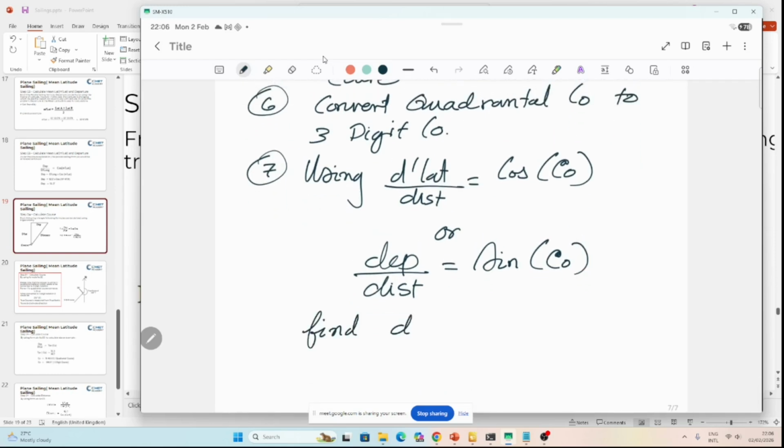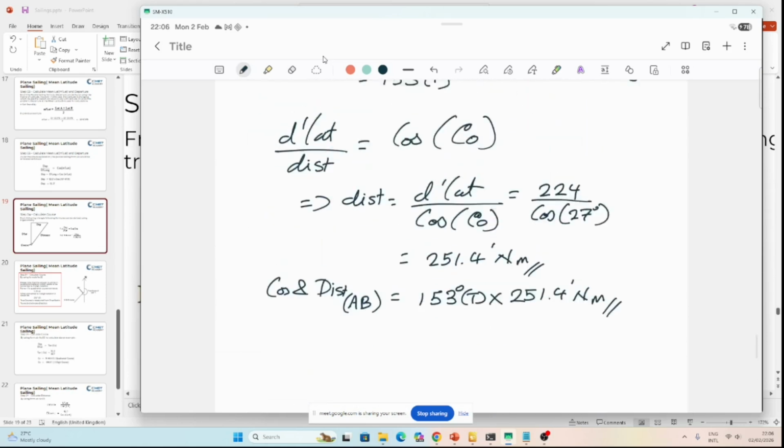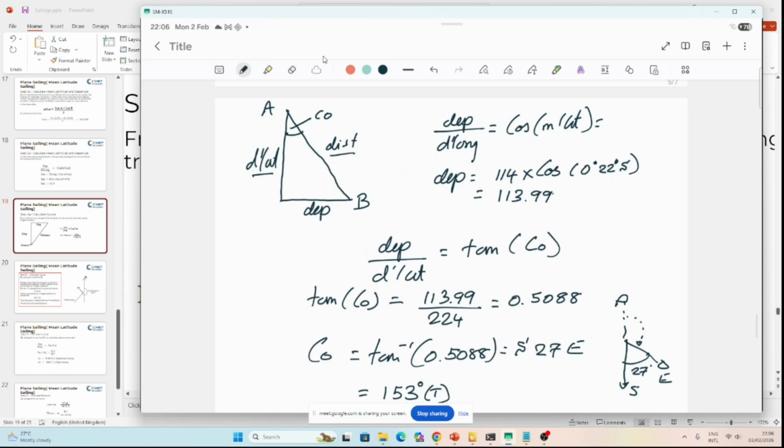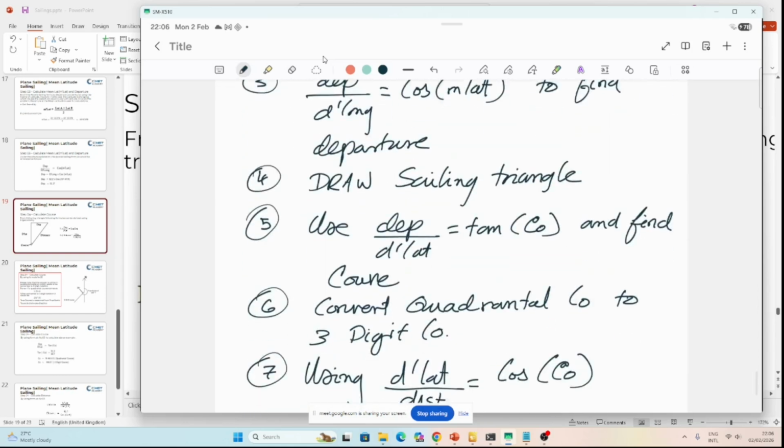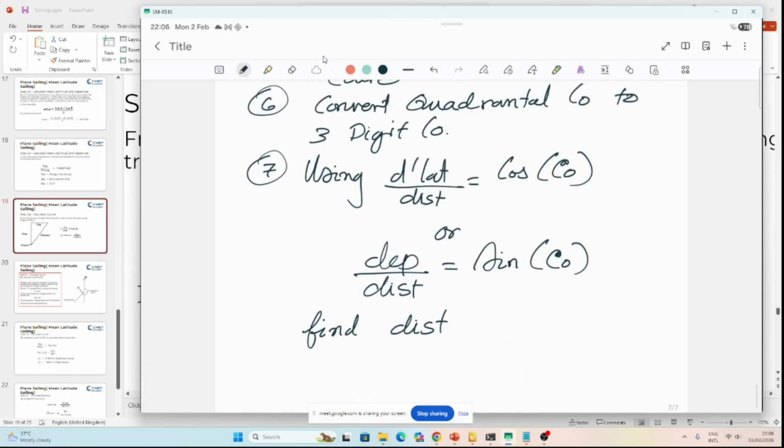Find distance. That's it. So this is plane sailing in detail, right, guys?